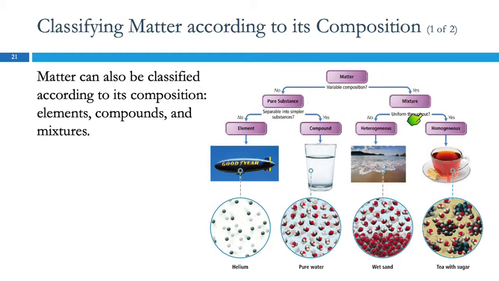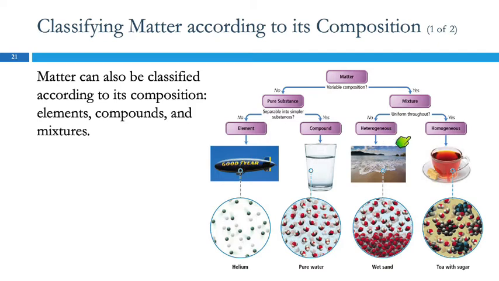For the variable composition, now this is a mixture. And there are two kinds of mixtures, heterogeneous and homogeneous. And these are prefixes. We use a lot of prefixes and suffixes in the English language, but especially in science. And so if we know what some of those prefixes mean, then we can figure out what the words mean without necessarily needing to memorize things.